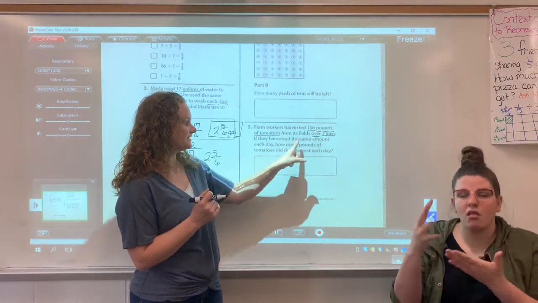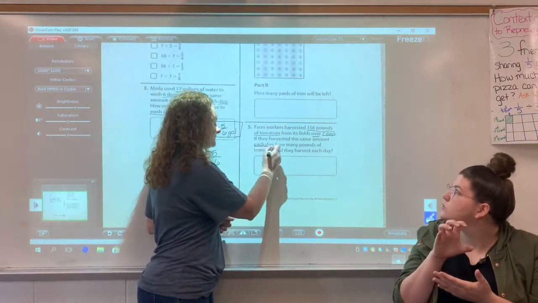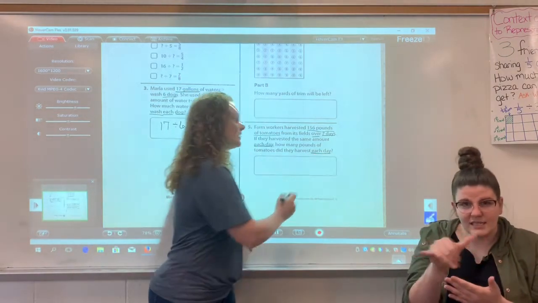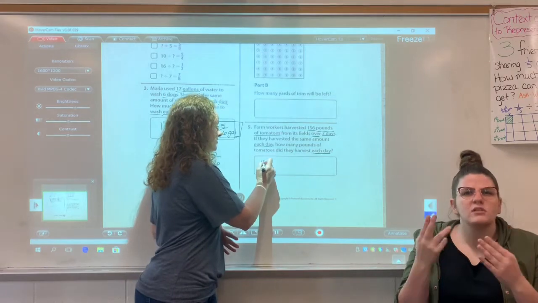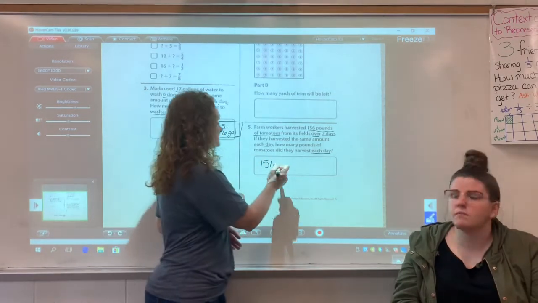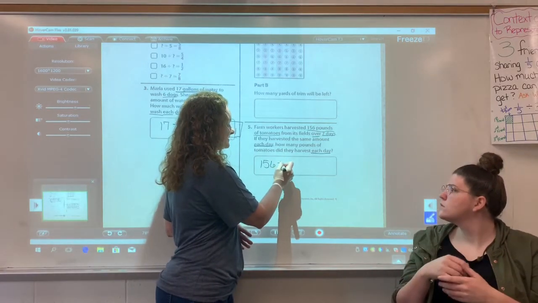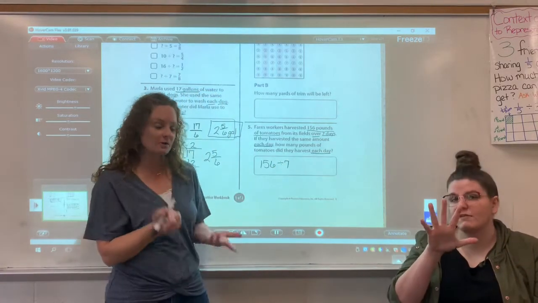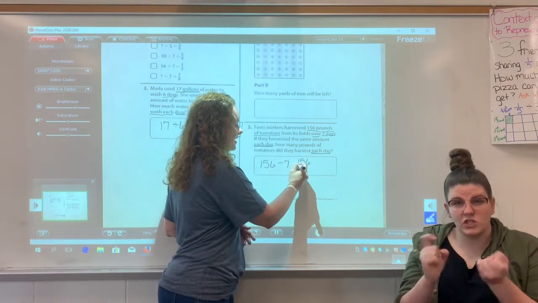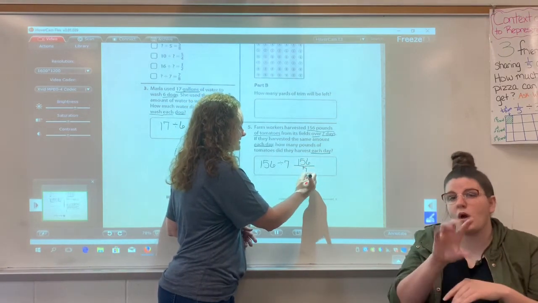If they harvested the same amount each day, how many pounds of tomatoes did they harvest each day? So we have a total amount. In 7 days, we harvested 156 pounds. Now we want to break that down into the 7 days. So it would be 156 divided by 7, which once again, turning it into a fraction so that you can see exactly what you need to do, 156 divided by 7.